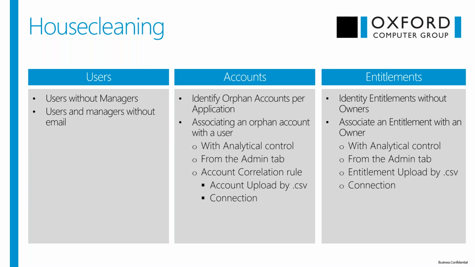So those are, again, all these prerequisites we're doing. We're house cleaning. We want to make sure that we run these analytics so we know everything's going to be in our campaign. Again, the reason you're doing campaigns probably is because you have audit needs. And if you're running campaigns missing a lot of users, accounts, and entitlements, you will possibly fail an audit.